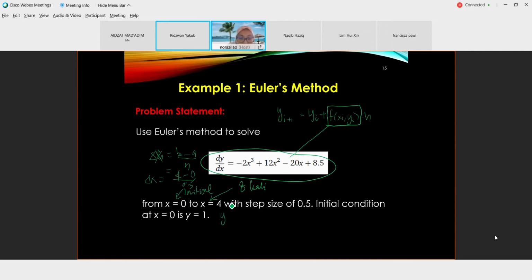Y i plus 1. Y not. Macam ni pun boleh. Atau you can put y x naught sama dengan 1. Okay, this is the mathematical form.